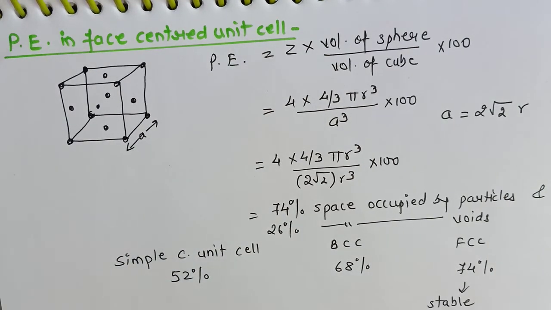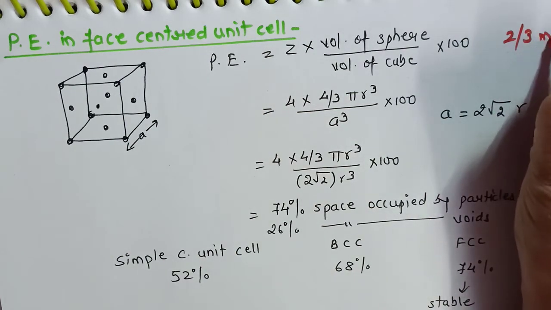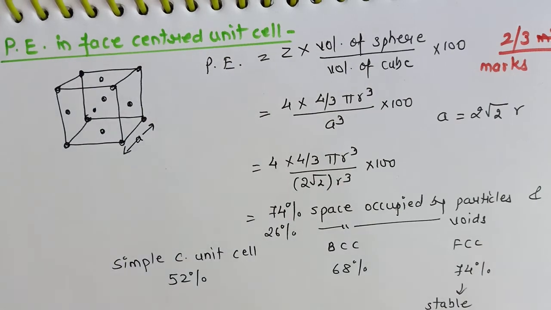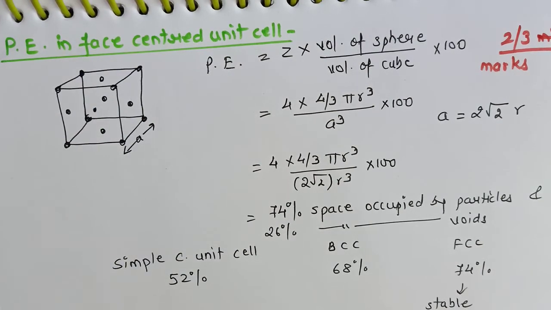Now in your board exams, these derivations can be asked for 2 or 3 marks. So you have to learn these derivations. The question related to this topic is a direct question, like calculate packing efficiency for the given unit cell. Now basically why are we studying this packing efficiency?